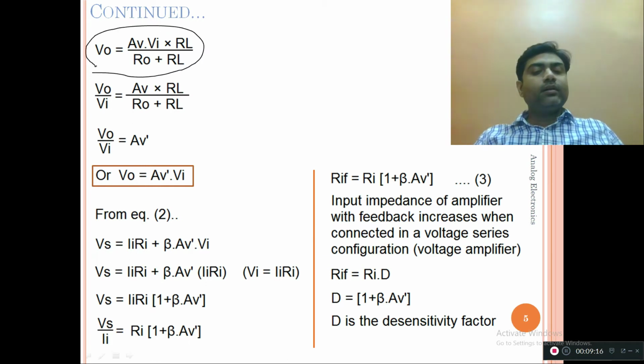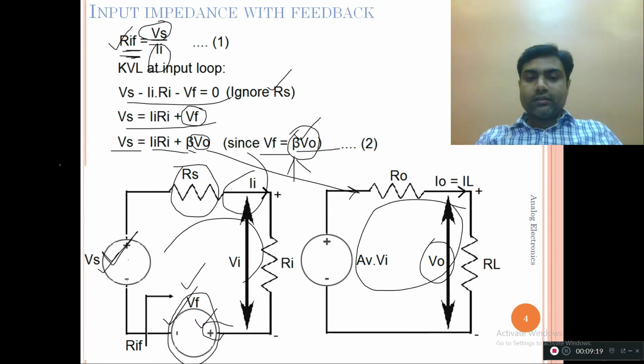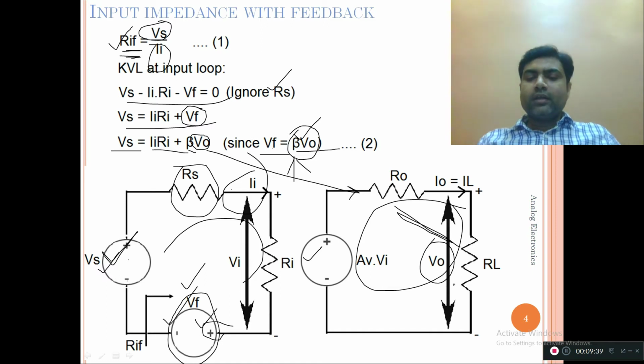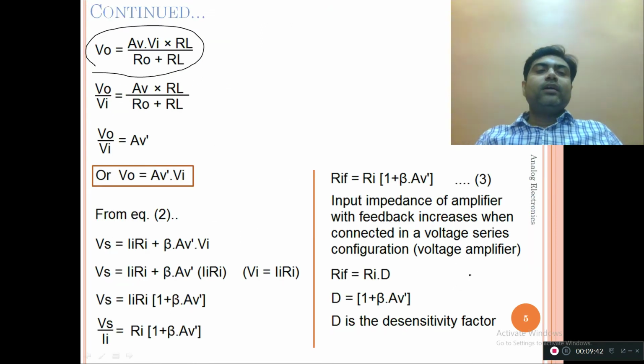What is AV into Vi? If you consider the previous slide, this is the voltage source, and the voltage source is divided across two resistances, RO and RL, and we are interested in the V0 across RL and not across RO. So if you remember the voltage division rule, it clearly gives that to calculate V0, it should be the source voltage multiplied by RL, the load resistance where we want V0, upon the combination of the two resistances RO plus RL.